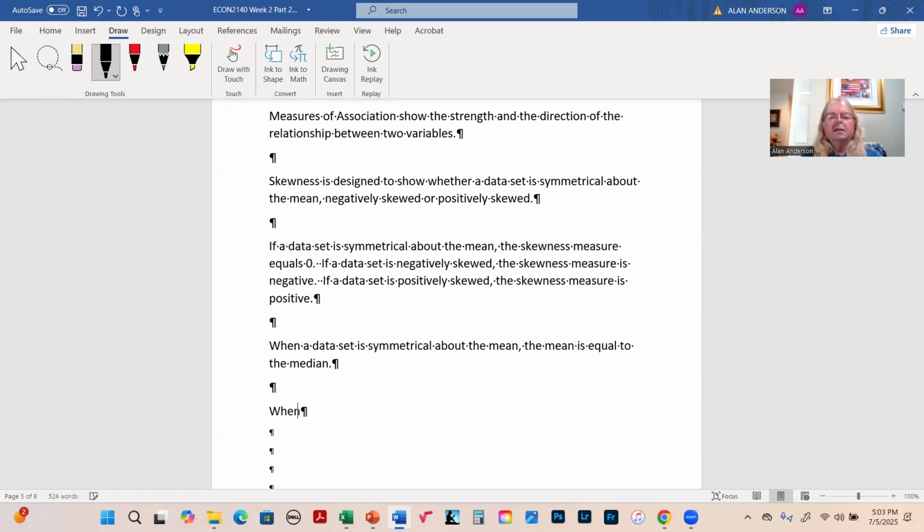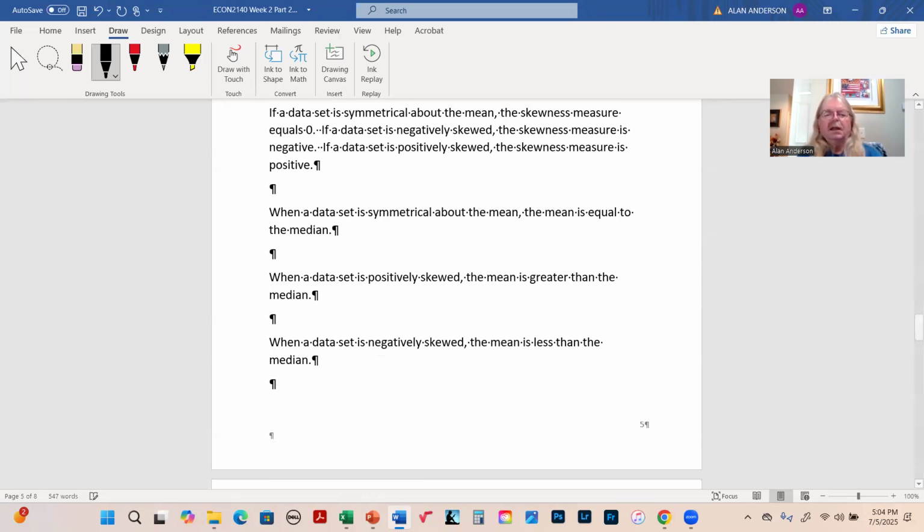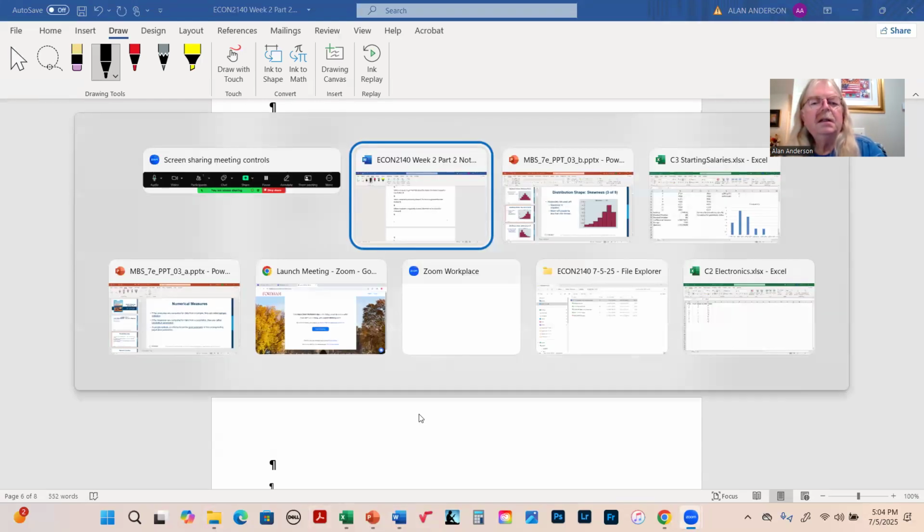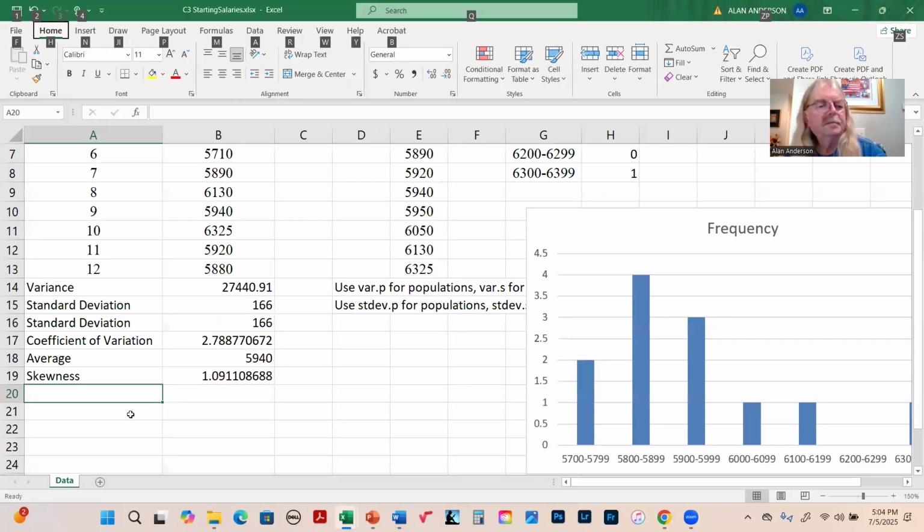When a data set is positively skewed, the mean is greater than the median. And when a data set is negatively skewed, the mean is less than the median. So why don't we go back here and calculate the median of our data set and see if this works.